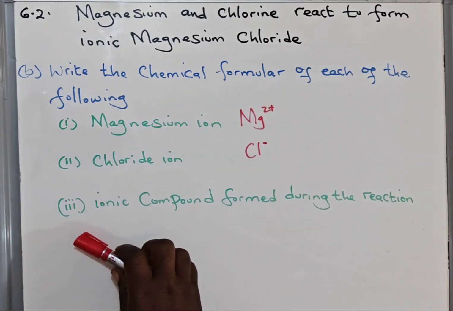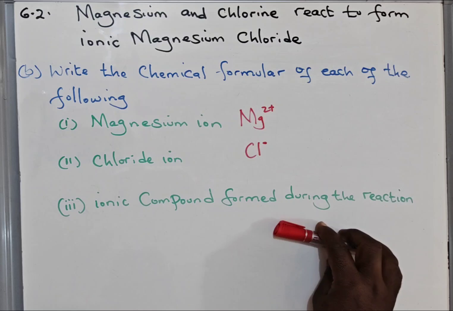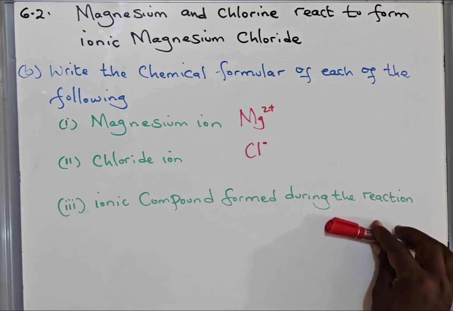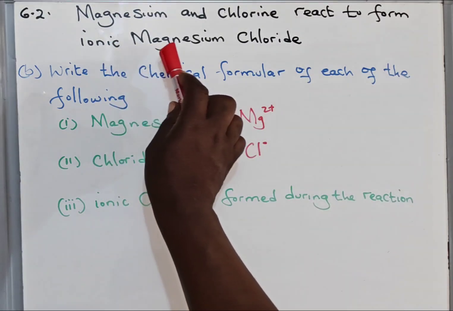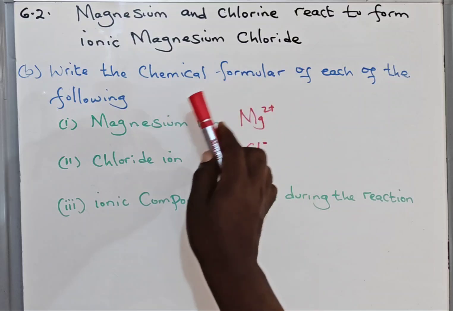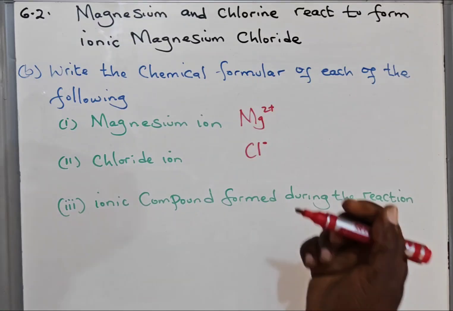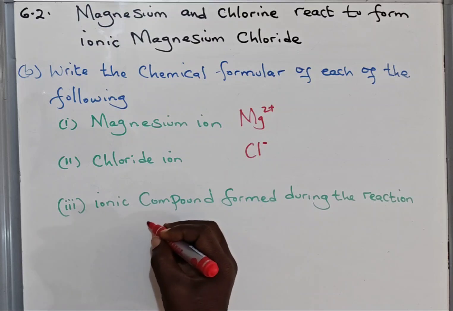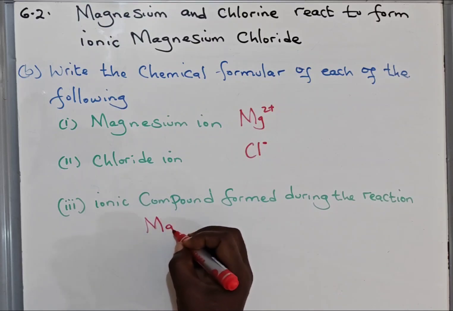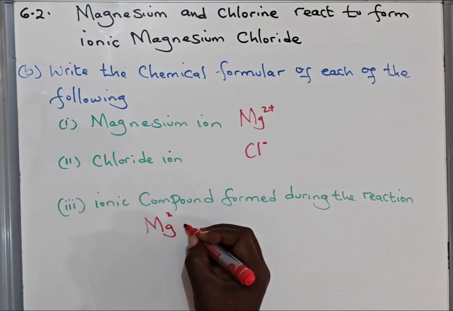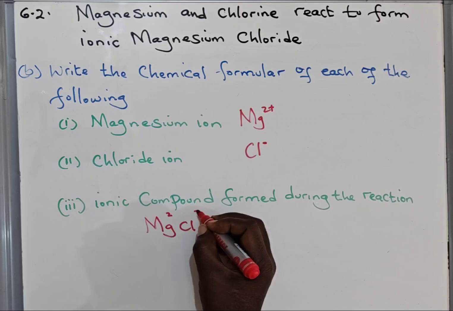Then lastly, the ionic compound formed during the reaction. The ionic compound formed here is magnesium chloride, and magnesium chloride is made up of magnesium ions and chloride ions. We need to know that the actual formula has magnesium with valence 2 and chloride with valence 1.